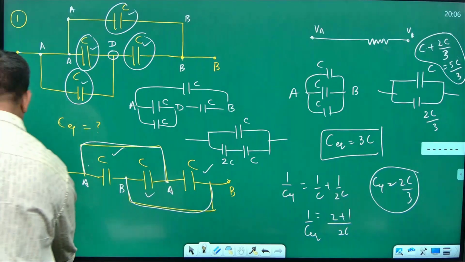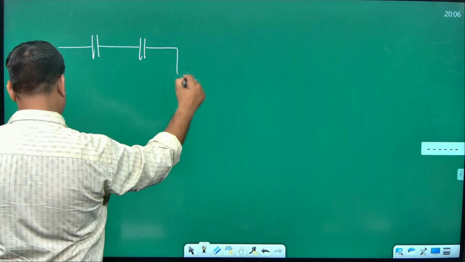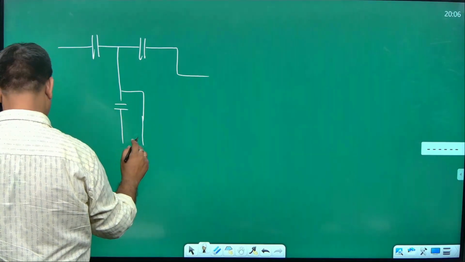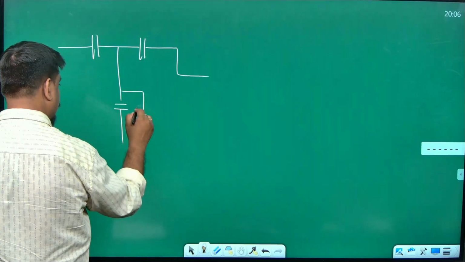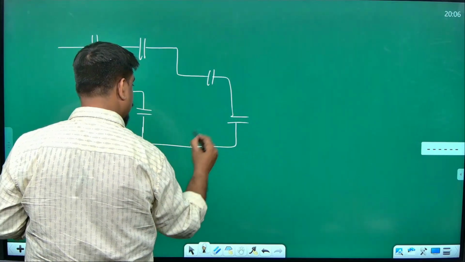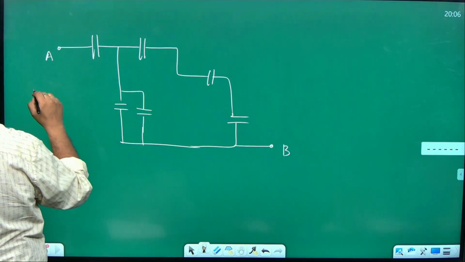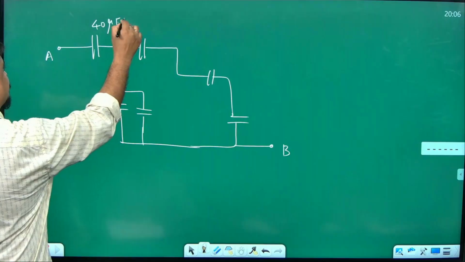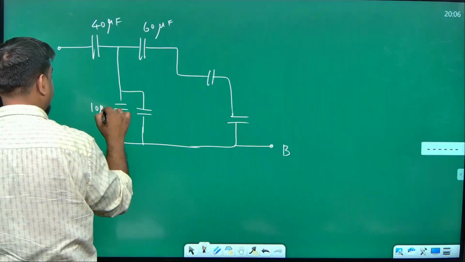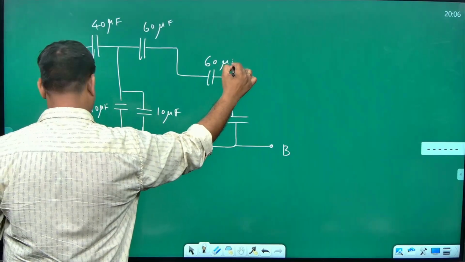One very famous question is this. This is 40 microfarad, this is 60 microfarad, this is 10 microfarad, this is 10 microfarad, 60 and 60.